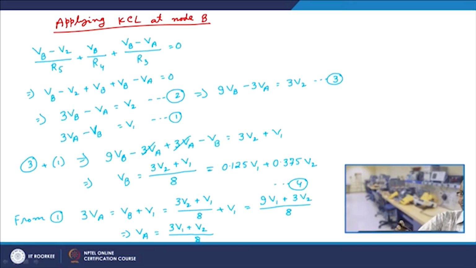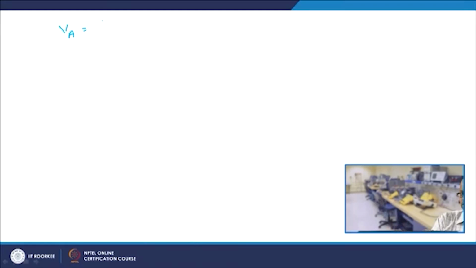So, it is 0.375 V1 plus 0.125 V2. So, this is equation 5.